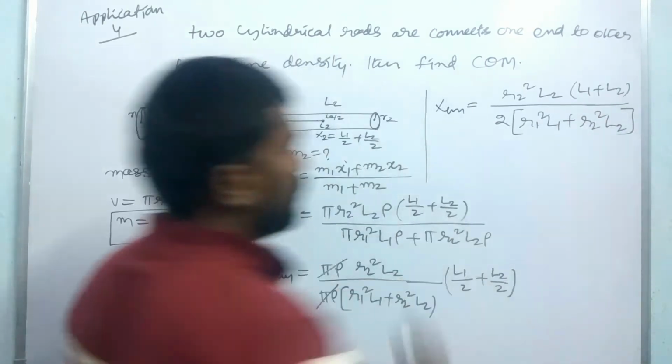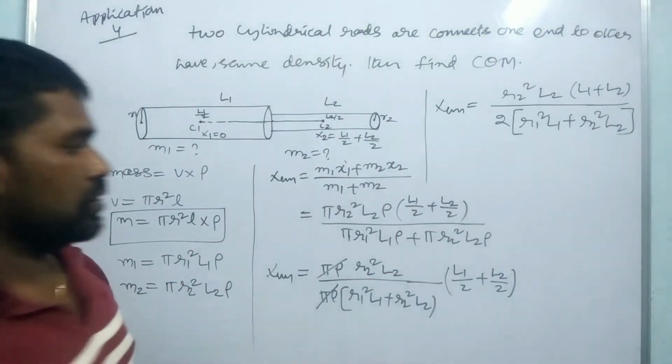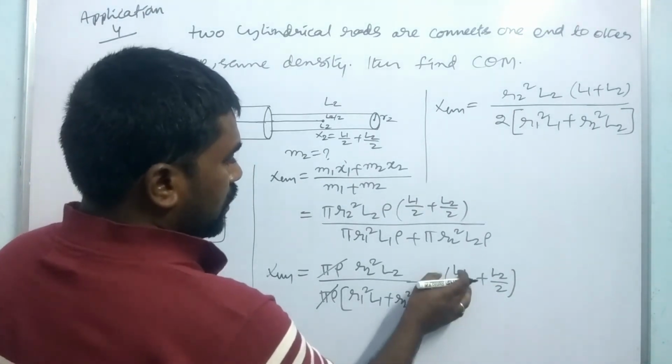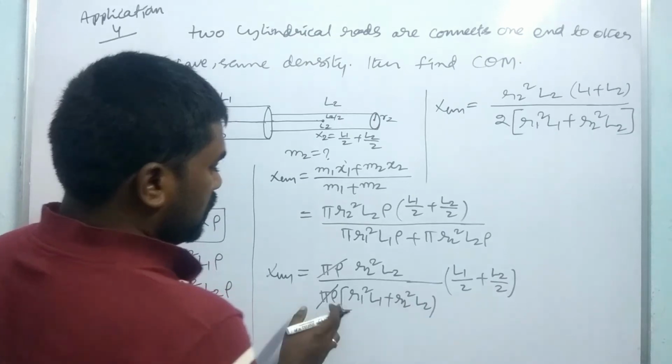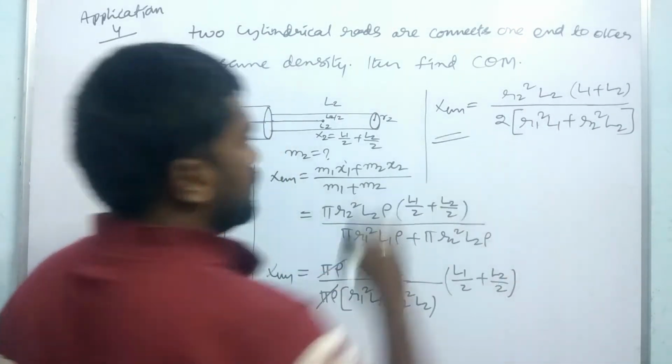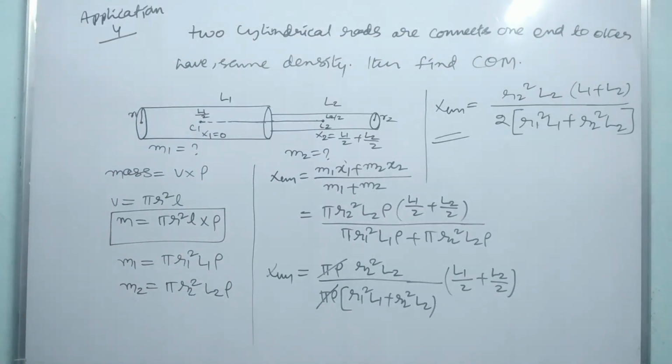So this is also the equation which you have to simplify. So here 2 is the LCM, so then (L1 plus L2) by 2. This 2 is multiplied by the denominator term. That is the center of mass if two cylindrical rods are connected to each other, one end into another.